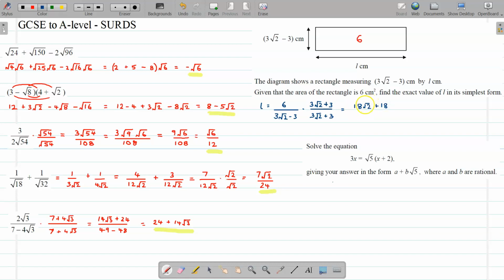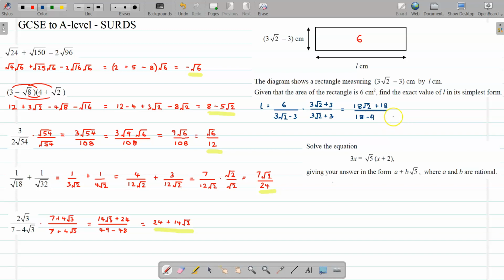And on the denominator, let me just put the fraction line in, that will give me 9 times 2, because it's root 2 times 9, that's 18, and minus 3 times 3 is 9. So that should be 18 minus 9 there.